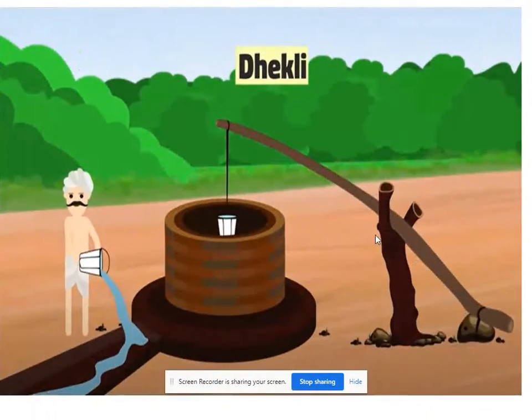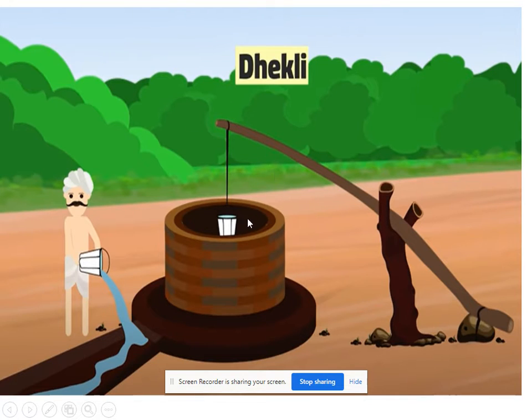Next one is dhekli. Here the important thing is that the farmer himself was working to lift and pass the water. See here, the farmer used a log which was in a V shape, and one more log which was kept on this V-shaped log.